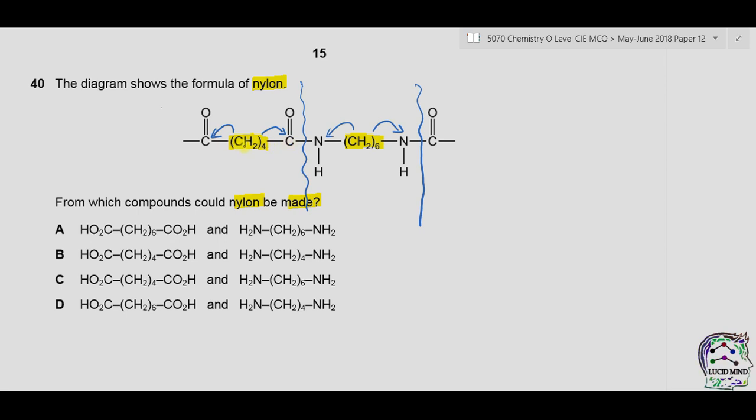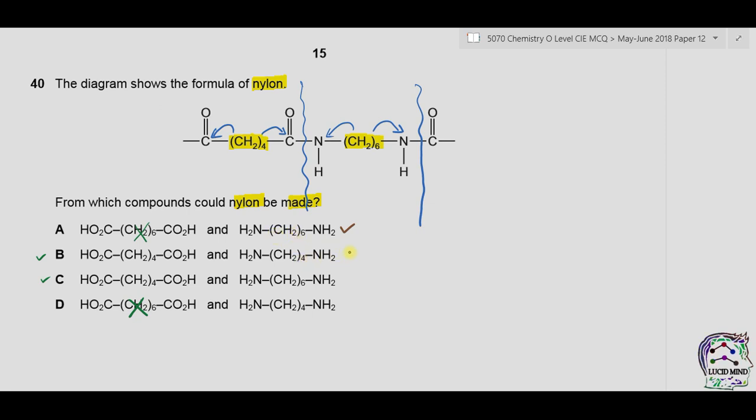In the first portion of the polymer we can see that we have 4 CH2 groups. So it is not 6, it should be 4. In the third one we have 4, in the last one we have 6, so this is incorrect. Similarly on the nitrogen side we can see that we should have 6 CH2 groups.